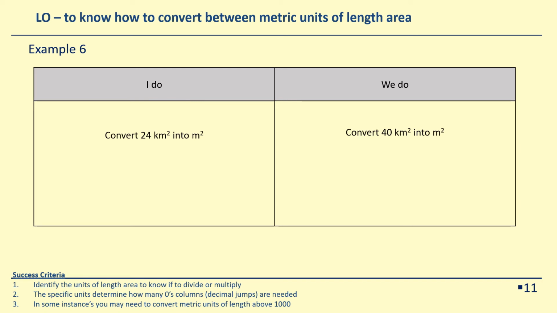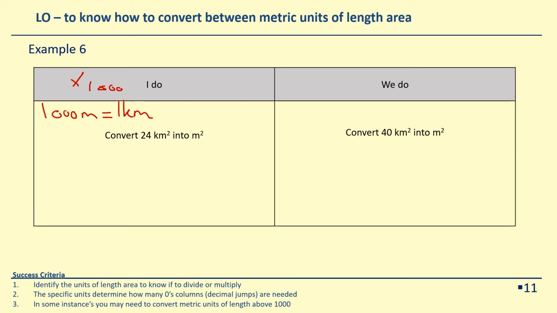Alright, convert 24 kilometers to meters. We're going from big to small. So we need to times by 1,000 here because there's 1,000 meters equal to 1 kilometer.